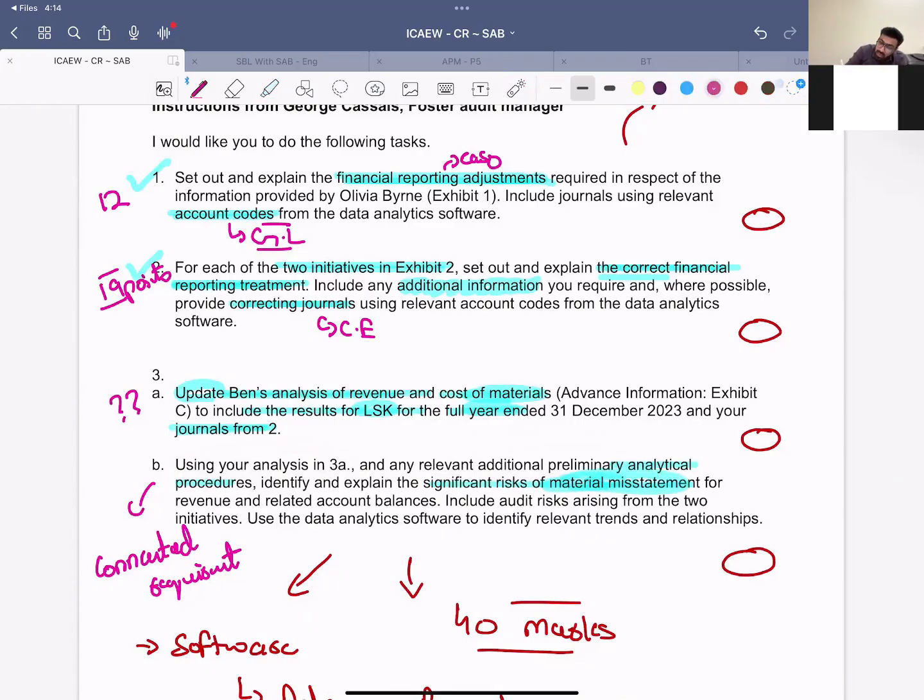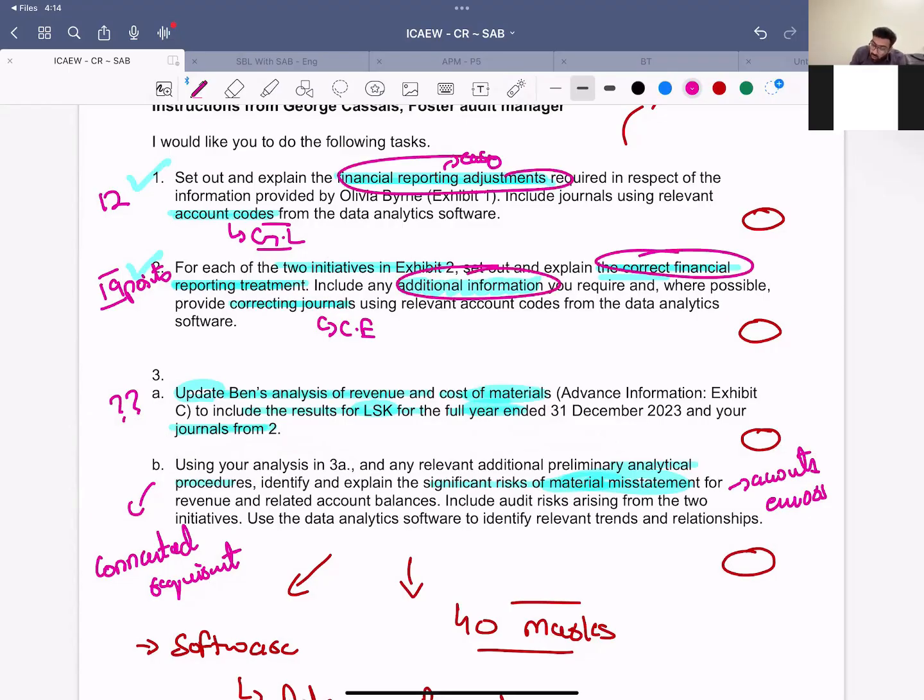That means some accounting errors, if there are, or risk of accounting errors. Here we were to suggest the reporting adjustments, but here we are going to comment on risk, the risk that we found or believe there is, for revenue and related account balances, to include audit risk arising from the two initiatives to identify trends and relationships.